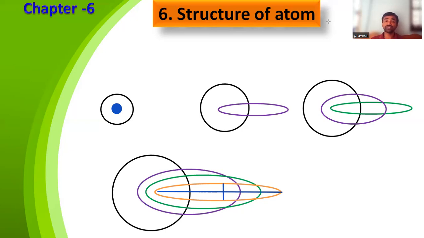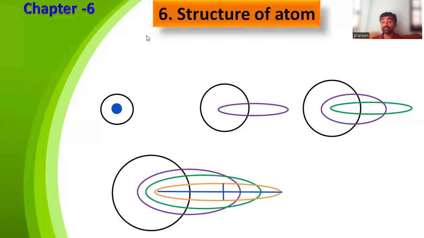So the Bohr model was modified by Sommerfeld to explain the structure of an atom. But unfortunately, this is also considered a failure model. Why?